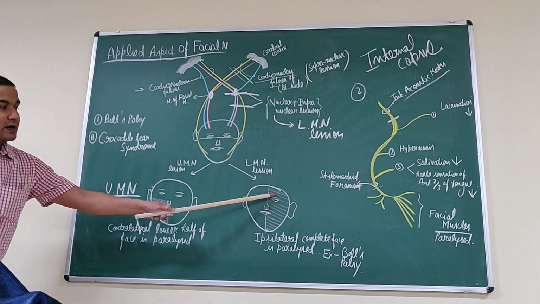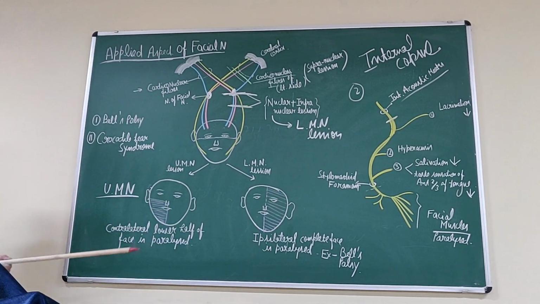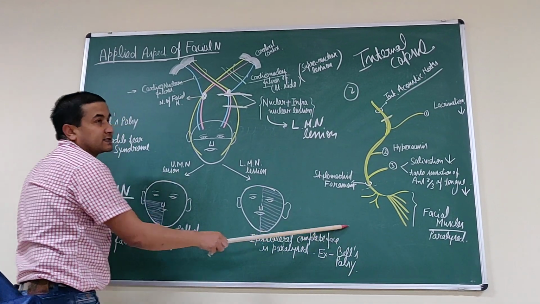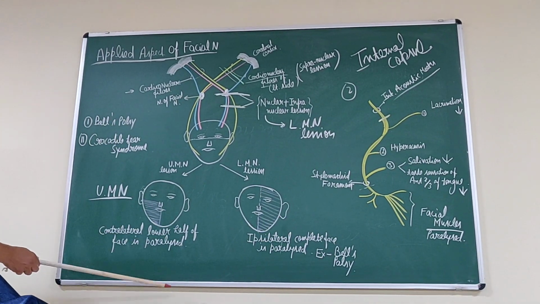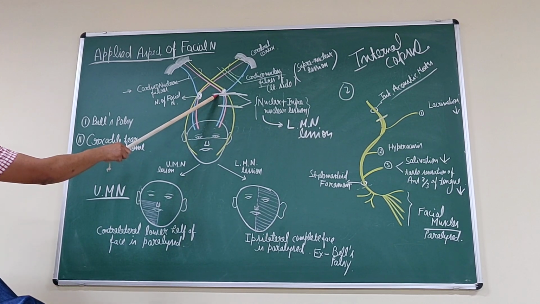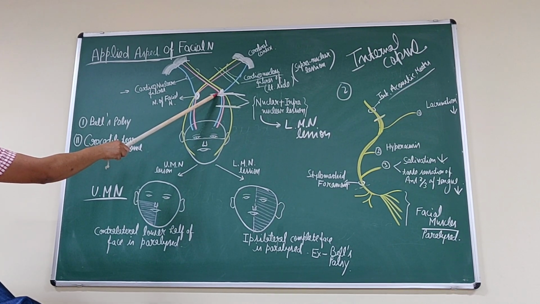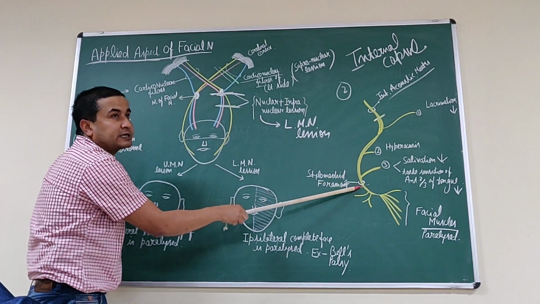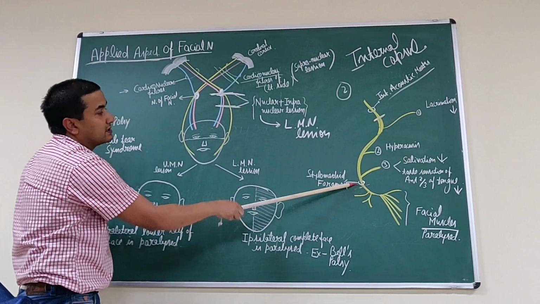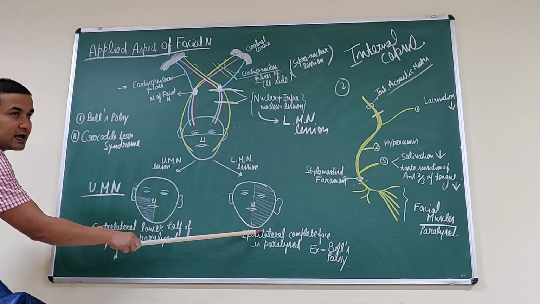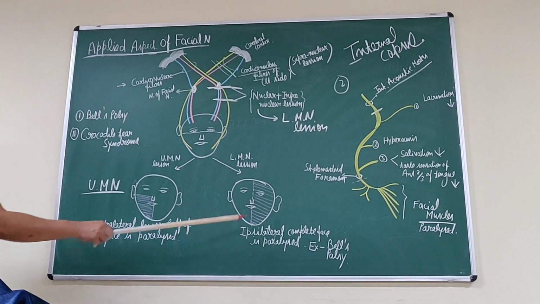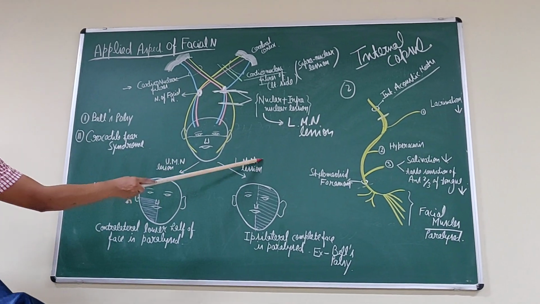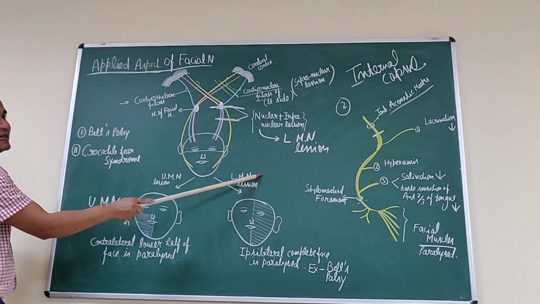It results in paralysis of the ipsilateral side of the complete face. So if the injury occurs at the pontine level, or if the nerve is damaged at the stylomastoid foramen or below it, the same side of the muscles of the face will be paralyzed, and this is the lower motor neuron lesion.